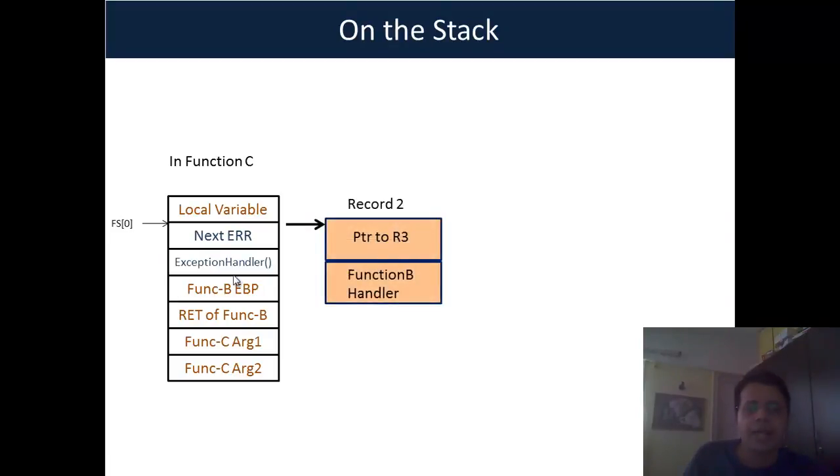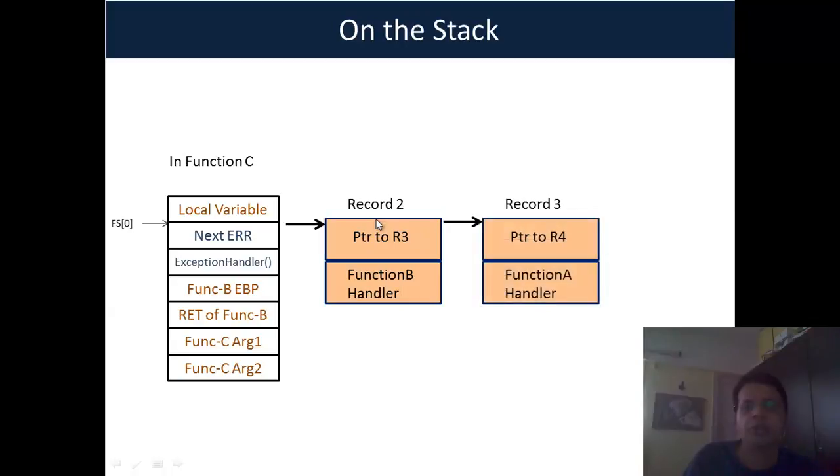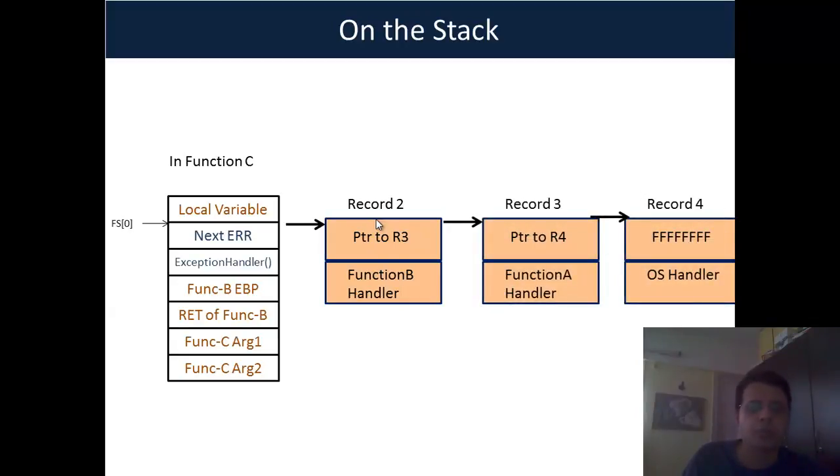Now, as we know, the next ERR actually points to record 2, which in turn points to record 3, which in turn points to record 4. One of the most important things you need to understand is that all of these records are there on the stack, as we saw in the previous video, within their respective stack frames of the functions in which they have been set up and may be called in the case of an exception.